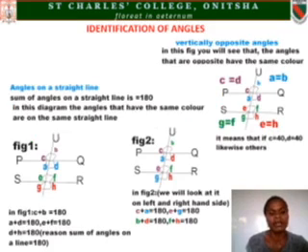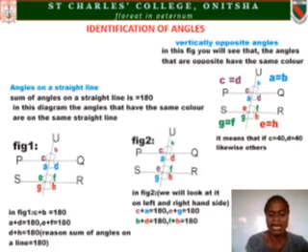In this figure, you will see that the angles that are opposite have the same colors. Angle C is equal to angle D. Angle A is equal to angle B. Angle G is equal to angle F. Angle E is equal to angle H.